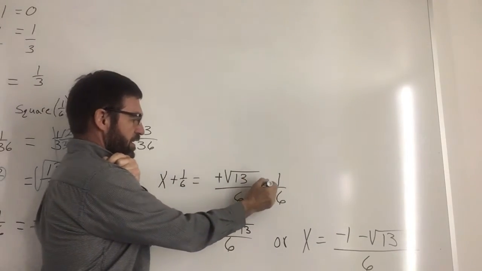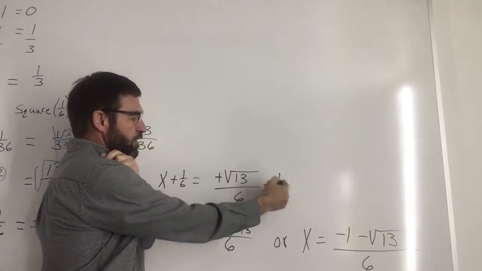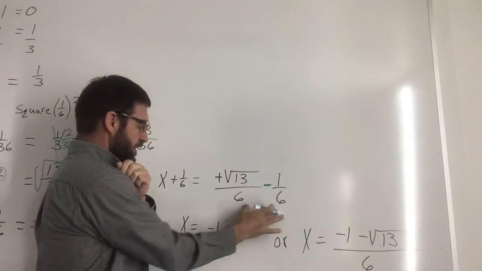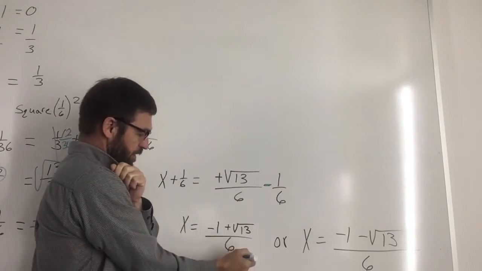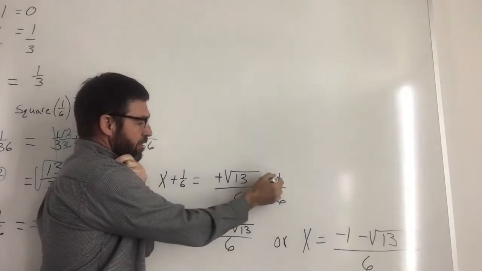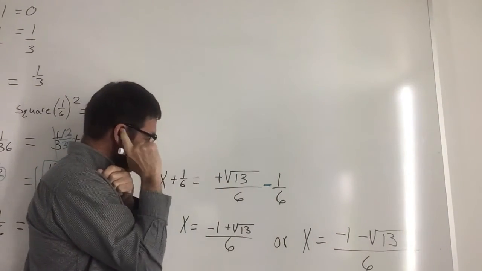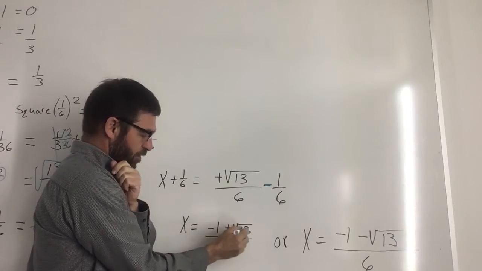Okay, and so then I come over here and I bring the 1/6 over, so that means negative 1/6. Well, the 6 and 6 are going to leave the 6, okay? So I bring the 6 down here, and my answer is negative 1, I'll put the negative 1 in front. I guess it could have been behind, but it's negative 1 plus radical 13.